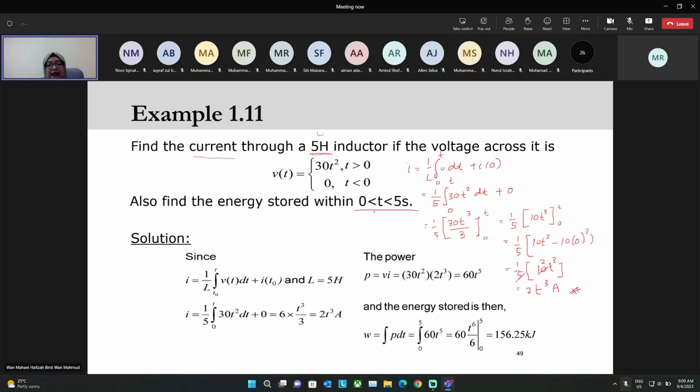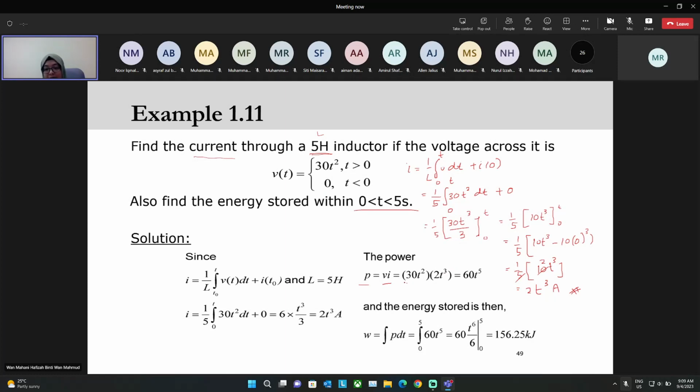So in this case, disebabkan dia ada skala ni, lower limit and upper limit, what you need to do is instead of applying equation nombor 5 yang 1 over 2 Li square tu, you cari dulu P. P equals to V times I. So V diberi 30 T kuasa 2, I yang you kira 2 T kuasa 3.